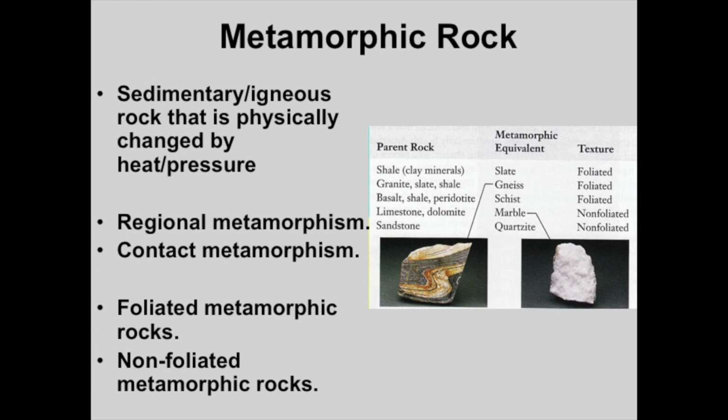When you compare this to the distinctly layered parent material like shale, again, layer after layer of sediments that have been compacted and cemented together, and these sediments generally are clay minerals, what you will find is it will result in a foliated rock such as slate.